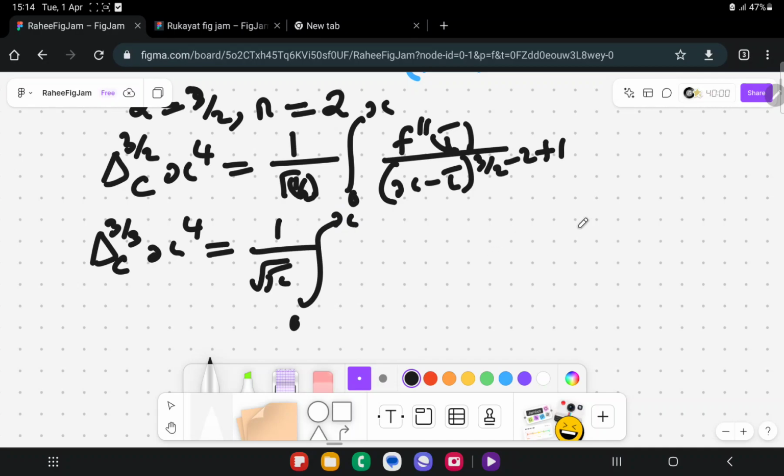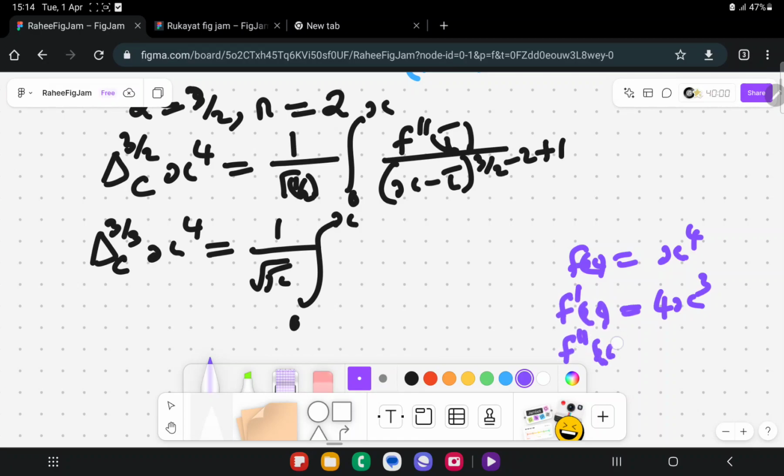Now remember we have f of x equal to x raised to power 4. So f prime of x will now be 4x raised to power 3. F double prime of x, that's differentiating it the second time, will now give us 4 times 3, which is 12x squared.